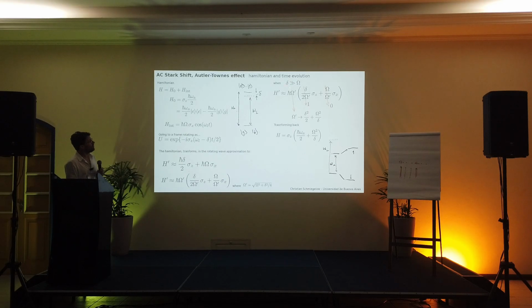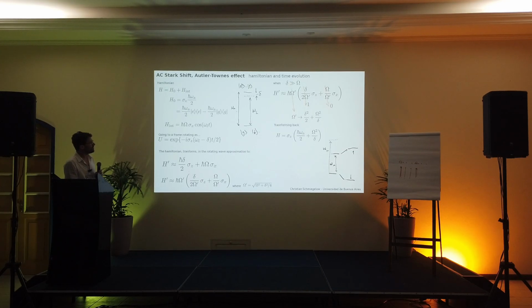What happens if I'm very detuned? If the detuning is much bigger than the Rabi frequency, the frequency that will go up and down, then this Hamiltonian reduces to the following.